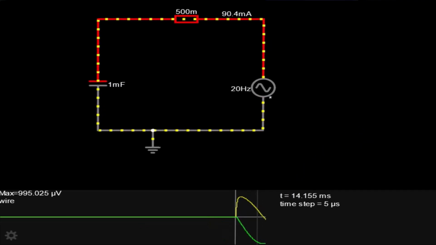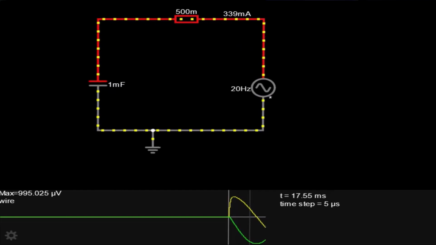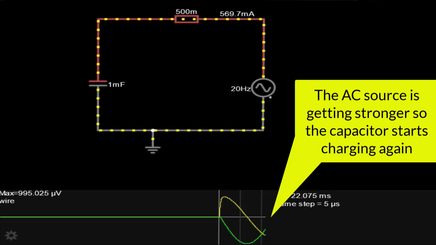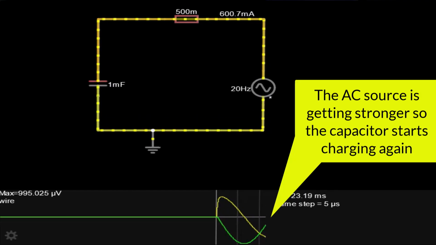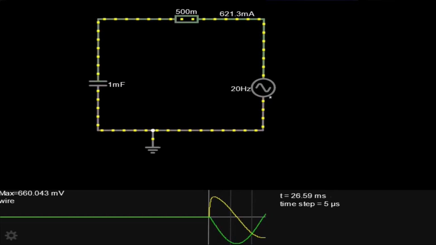Of course the capacitor is not unlimited, so at one moment it will come down, and when your voltage is still on the lower side, on the negative side, you will see that it keeps following the voltage till the crossing. But once we are past that point, you will see that the capacitor is charging again.